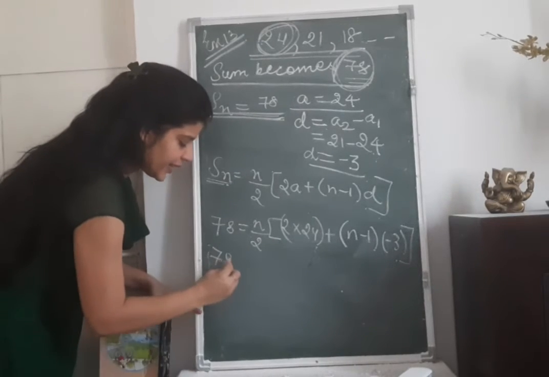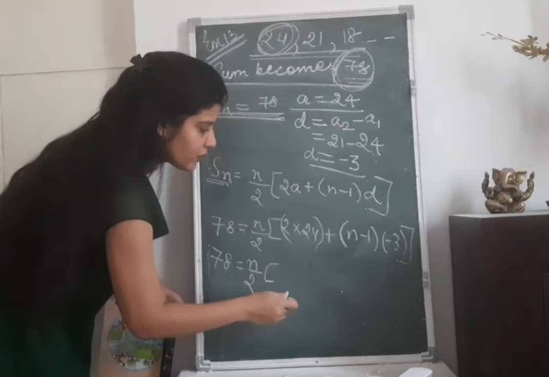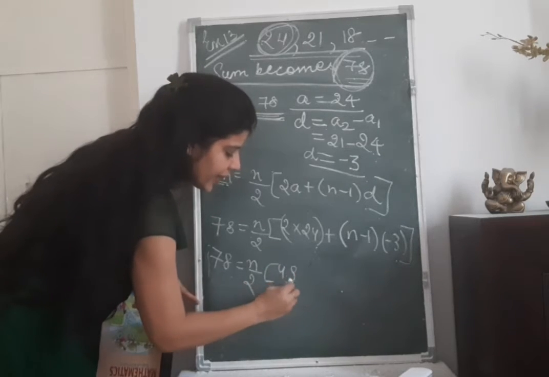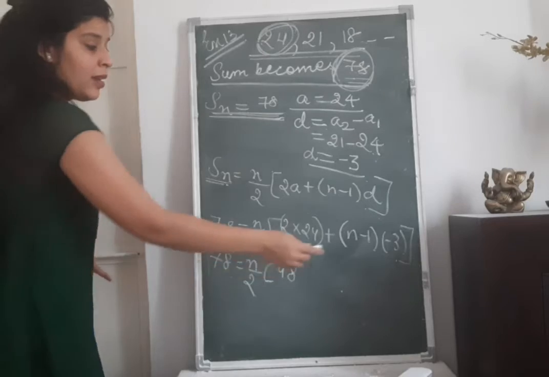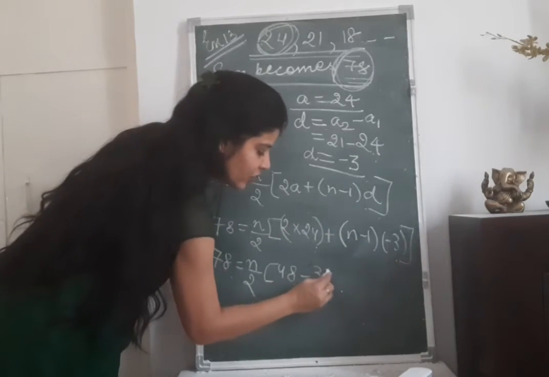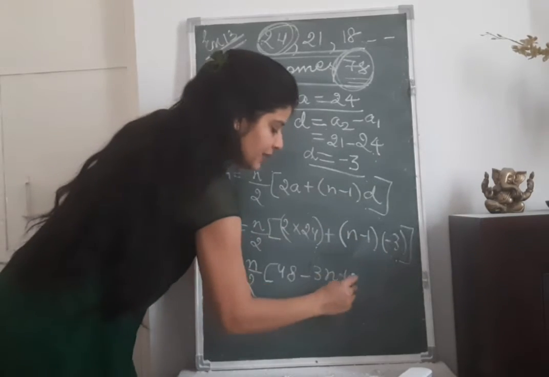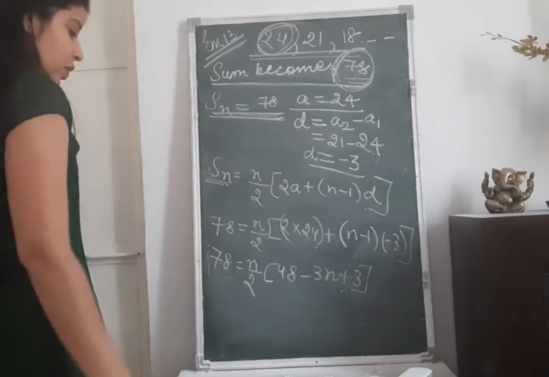So 78 is equal to n upon 2 into, 24 into 2 is what? 48. Minus 3 multiplied by n becomes minus 3n. Minus 3 into minus 1 is plus 3. Okay?